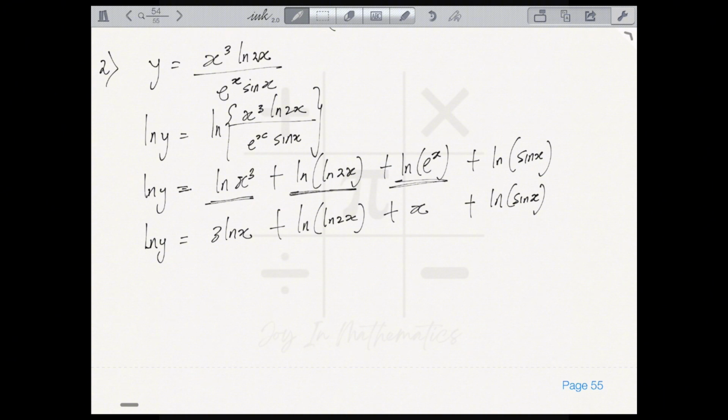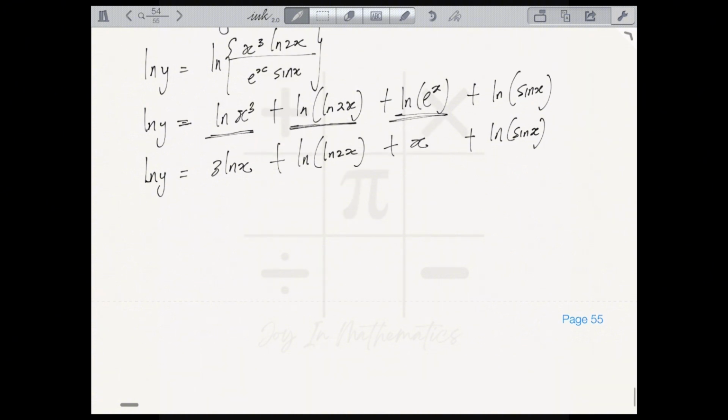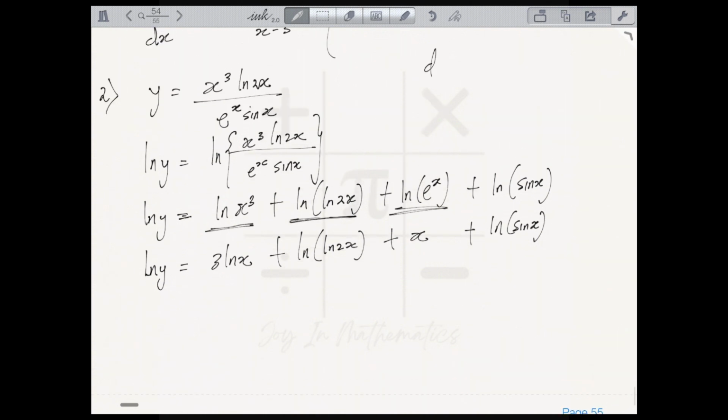Now with this done, we take differentiation of both sides with respect to x. And when we differentiate ln y, we recall that differentiating with respect to x of ln y will give us 1 over y dy dx.